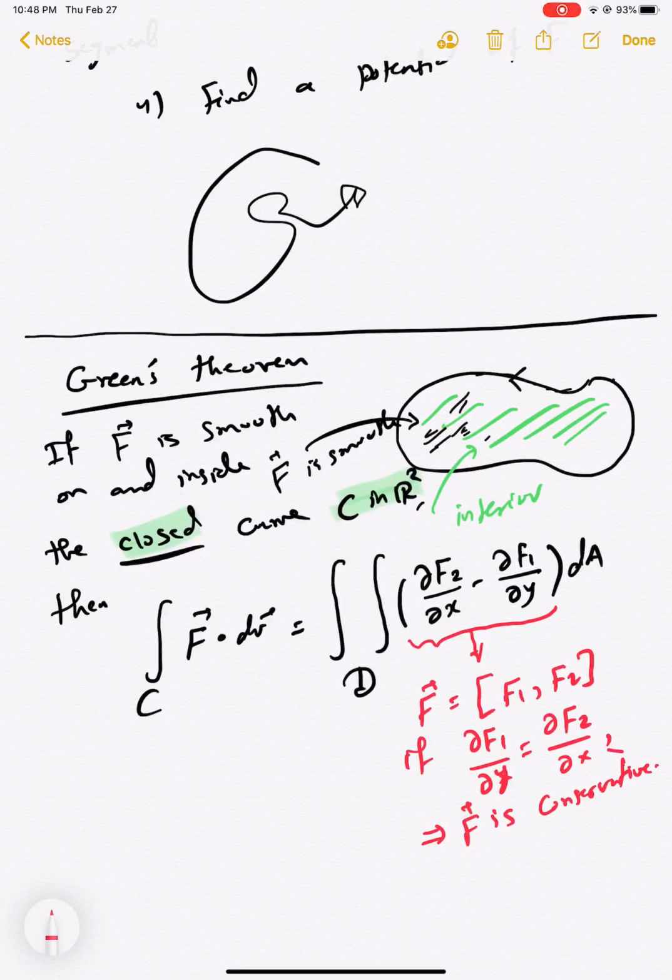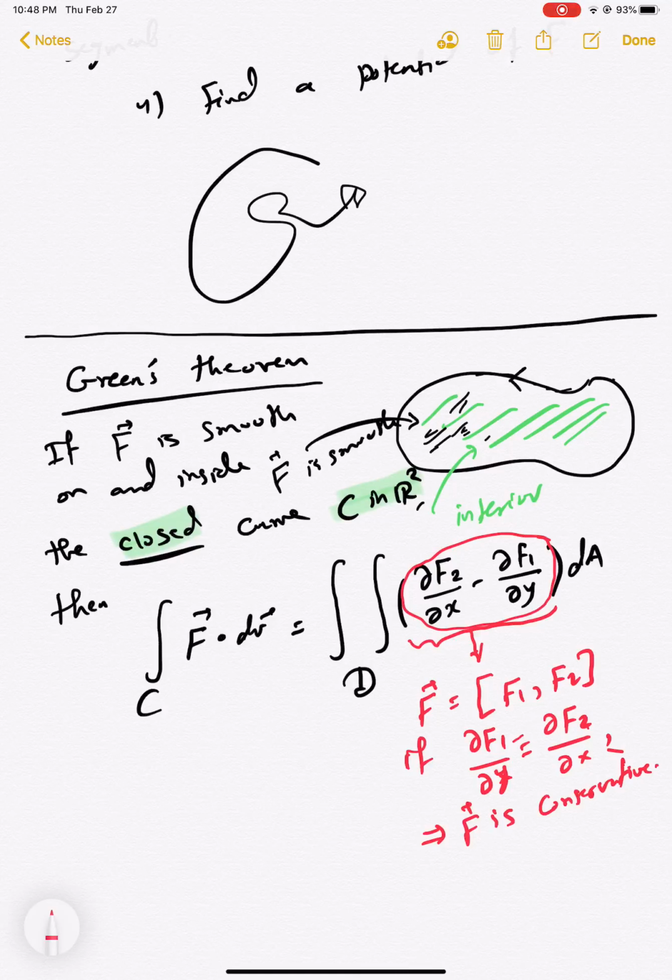So imagine if the function was conservative, this is equal to this. So this is 0, so the integral is 0. This is consistent with what we know about conservative functions and path independence. Now, what is special about Green's theorem? It tells you how to compute the integral over closed curves without assuming conservative. This is the strength of Green's theorem.